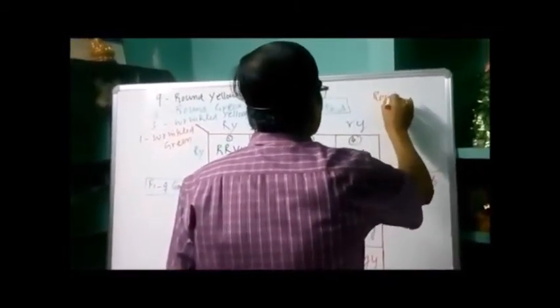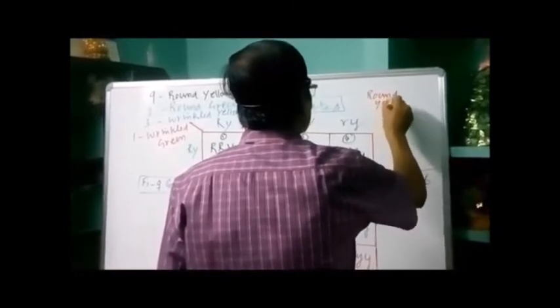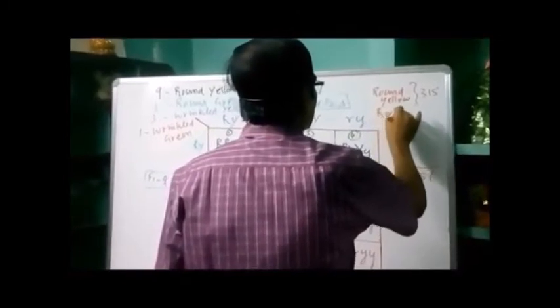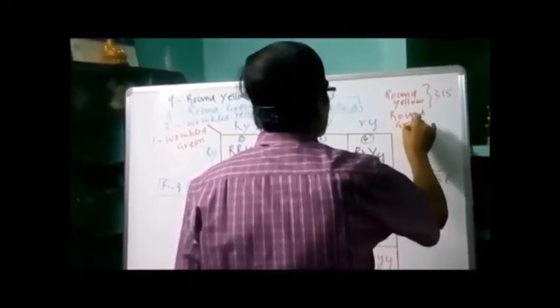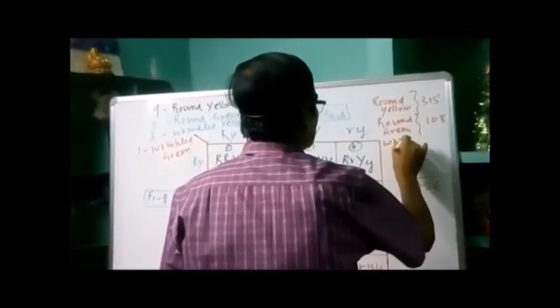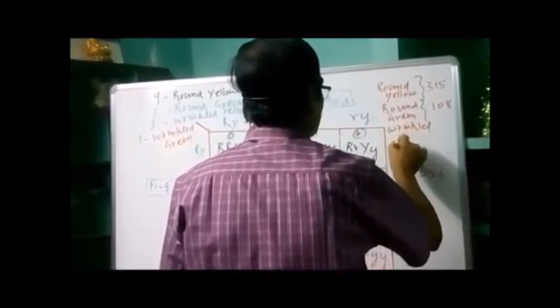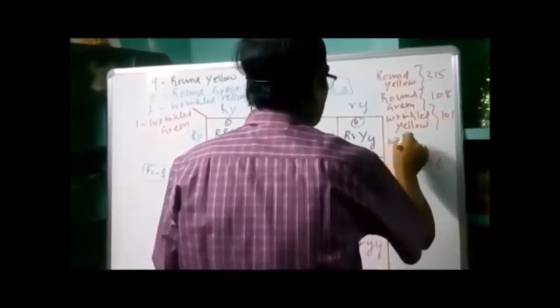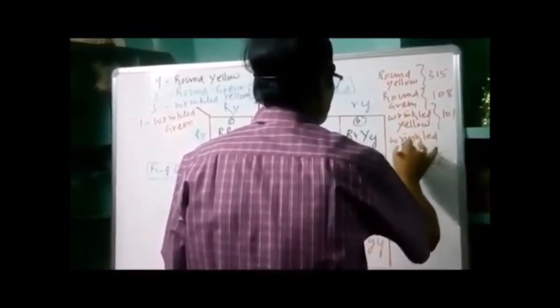But in total he received 556 individuals. Round yellow 315, round green 108, wrinkled yellow 101, then wrinkled green 32.